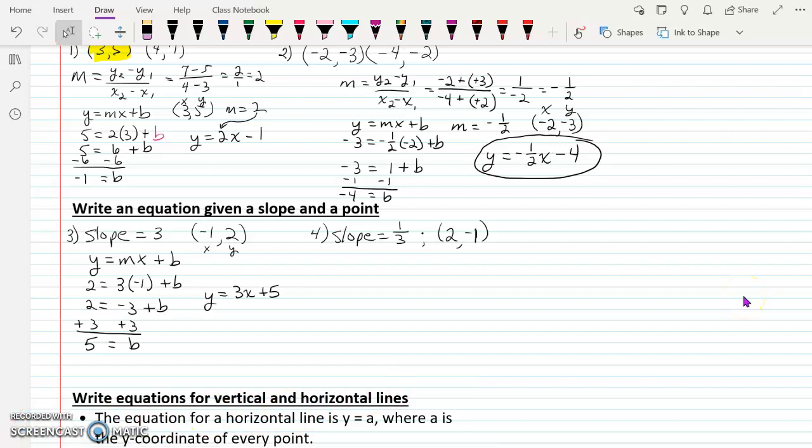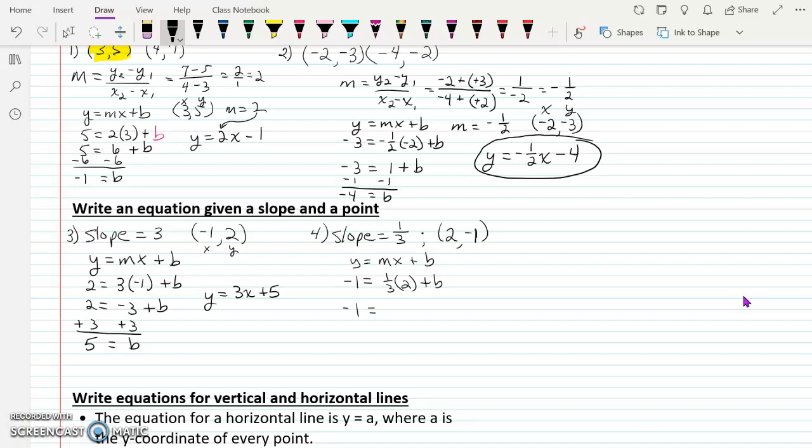All right, guys, so let's go ahead and take a look at example 4. We're going to do basically the same thing. We're going to write out our y equals mx plus b, and then substitute our values in there. So for y, I'm going to substitute -1. For my slope, I'm going to substitute 1/3. And for my x, I'll substitute 2.